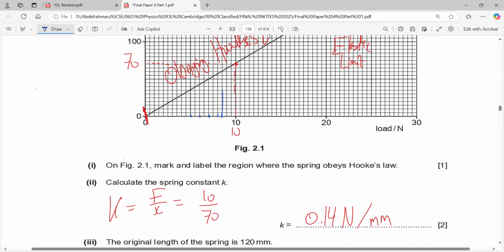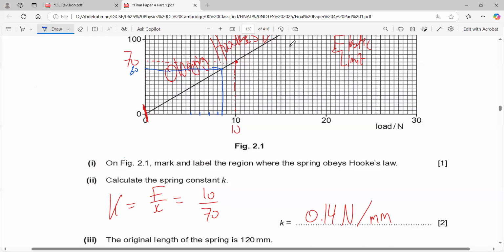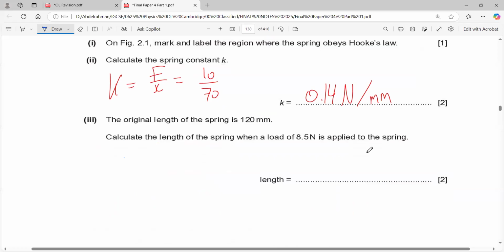Move up. We need to find this point exactly. This point would be 60, صح. طيب يعني the extension is 60. خلاص the length is 60. لأ, this is the extension. You need to add the extension 60 to the original length. So 60 plus 120 is 180 millimeters.